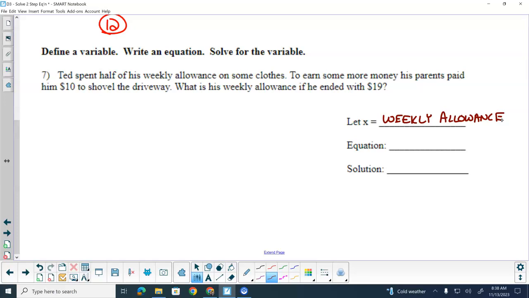Okay? Now we got to come up with an equation. So we got to go back and we got to reread the problem. Ted spent half his weekly allowance on some clothes. How do I represent half of my weekly allowance? What do you got?